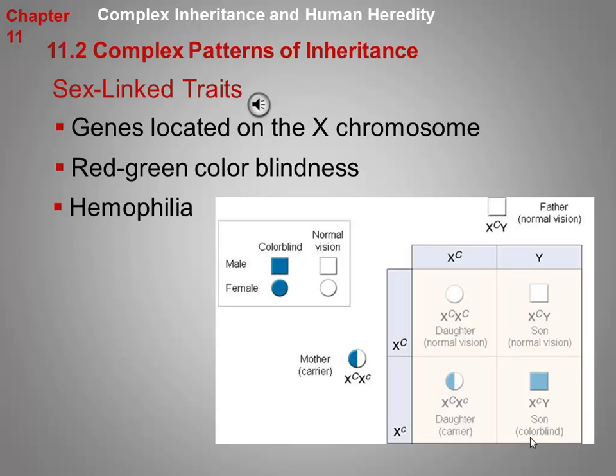And if he gets the recessive X from his mother, then he will have the condition, like color blindness, or hemophilia, another disease associated with that, where your blood will not clot. So sex-linked diseases are another type of complex inheritance, where the mothers are the carriers and they pass on that one X chromosome to their son, who ends up having the condition.